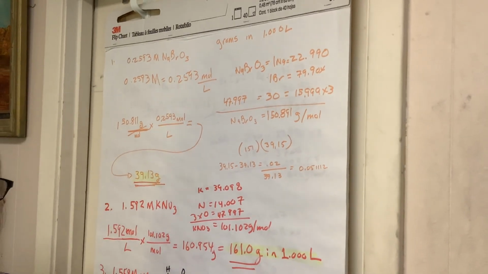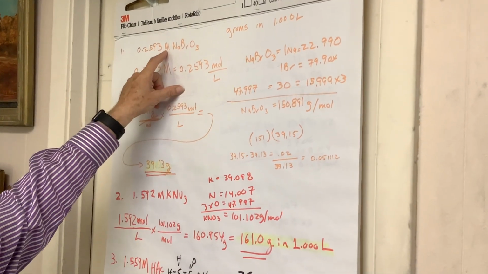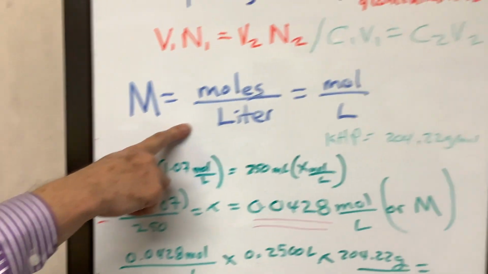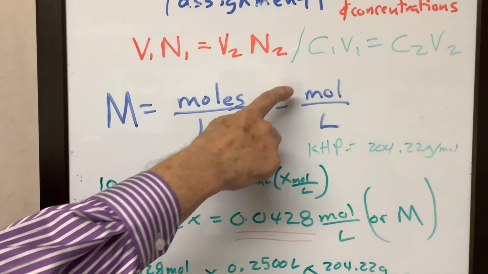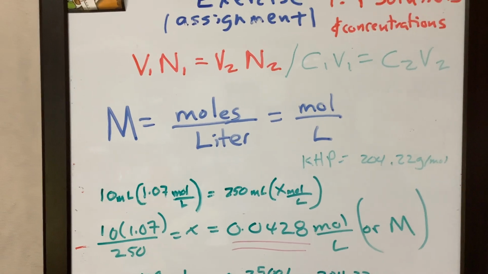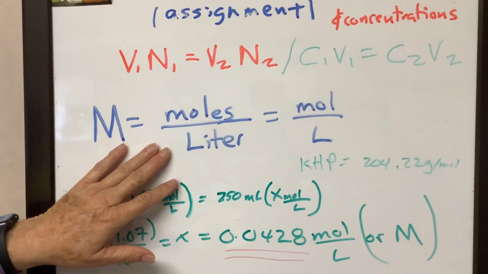Always go to the mole, and that molar, big M, means, if we can zoom in over here, moles per liter, which we abbreviate moles per liter that way. MOL for moles, big L for liter. I'm old.